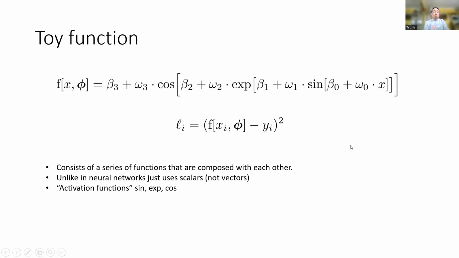Okay, so if you were calculating this, like if I said x equals 1, on a calculator, what would you do? Well, if you knew what omega 0 is, let's say it's a half, then you do 1 times a half, you get 0.5. If the first bias, beta 0, is 0.1, you add 0.1 to 0.5, you have 0.6.